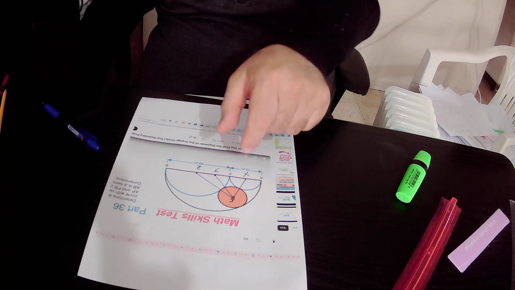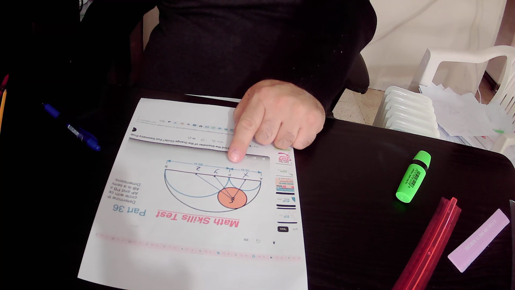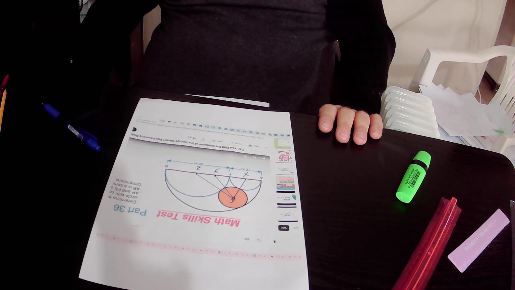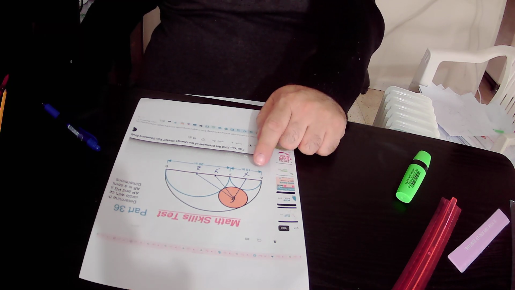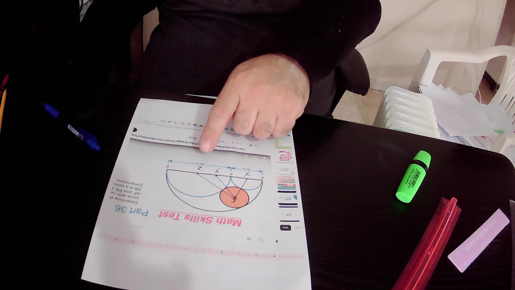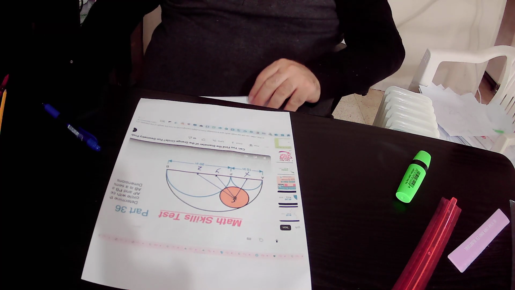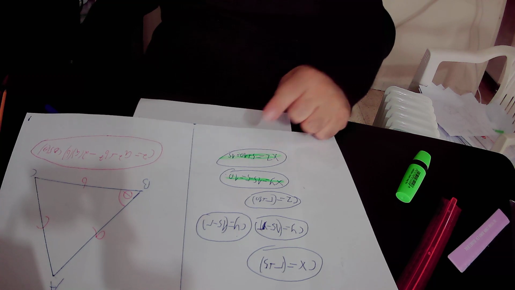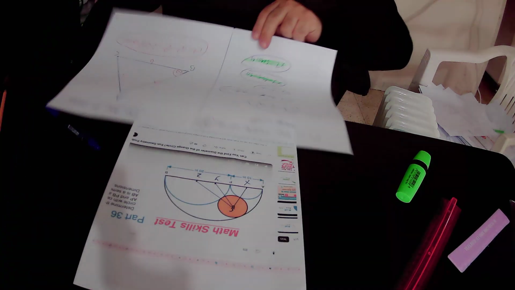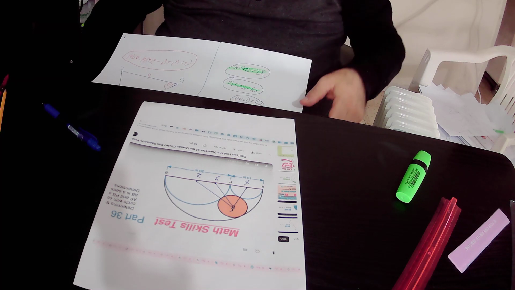Those two semicircles have an external knot between them at this point, point P. Therefore, the distance between their centers will be equal to the sum of the lengths of their radii. That is to say, it will be equal to the radius of this semicircle, that is 5, plus the radius of this semicircle, that is 10. That is to say, it will be equal to 5 plus 10, that is 15. So we found out that XZ equals 15 units.